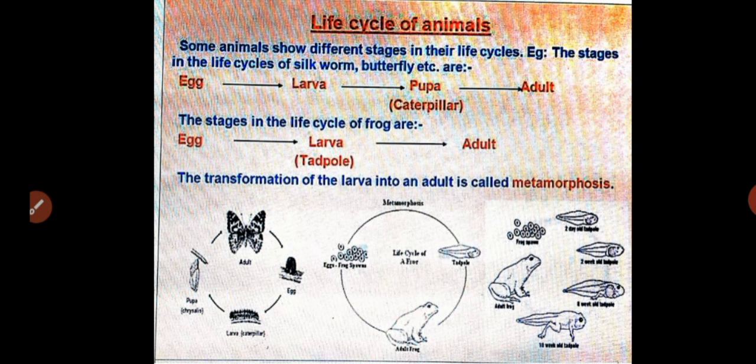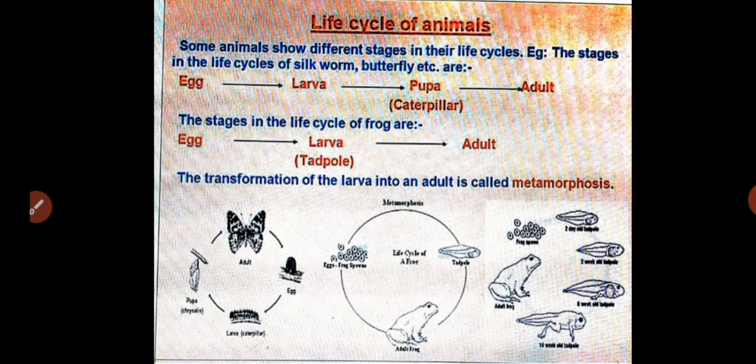There are several stages in each and every life cycle, including human beings. For example, the stages in the life cycle of the silkworm, the butterfly, the frog, and some other animals also. In your syllabus, only two are there: the life cycle of the butterfly and the life cycle of the frog.